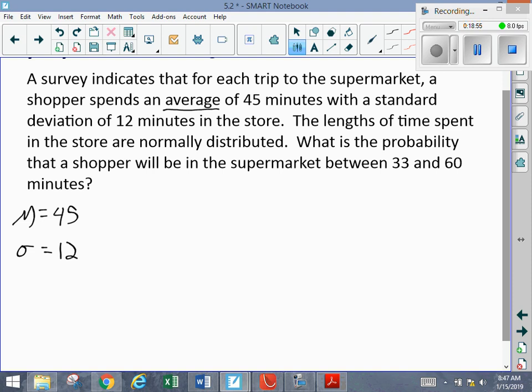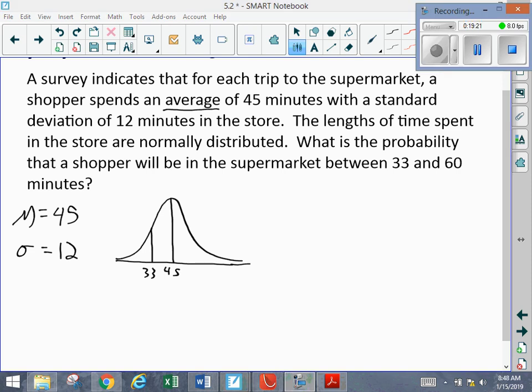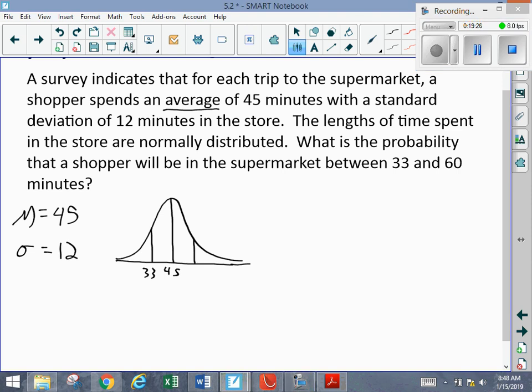What's a picture of what we're looking for? If we look at the standard picture, 45 is in the middle, 33 here, and we've got this value right here, 60.